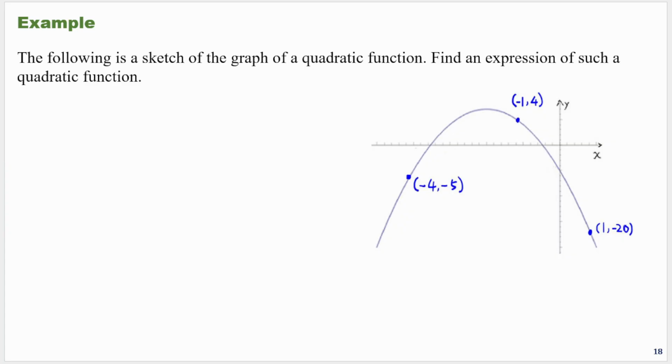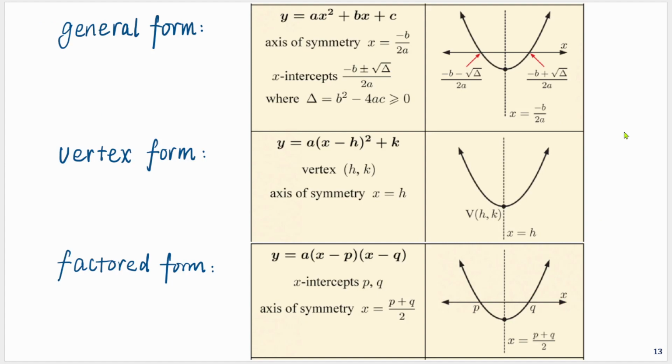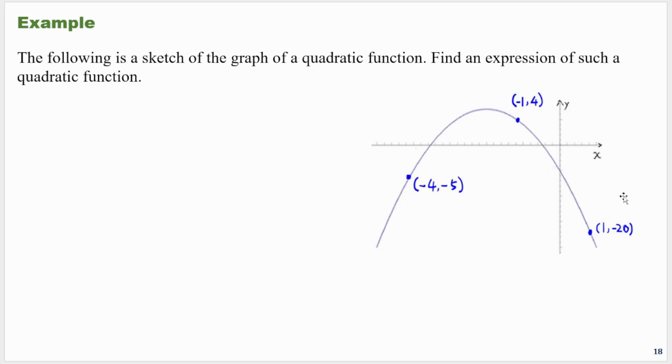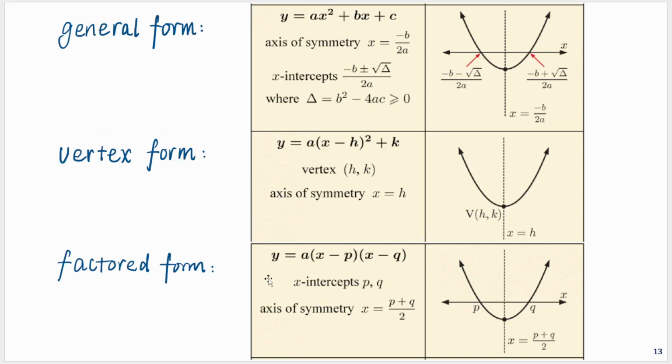Note that you have 3 options to choose from, right? If you know the vertex, it's better to use the vertex form. If you know the 2 roots, it's better to use the factored form, right? Factored form? Why is it possible? You don't know the roots here, right? In order to use the factored form, you have to know the roots.